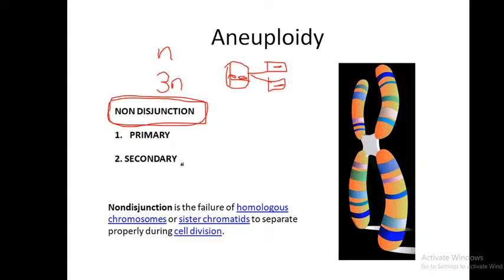So aneuploidy results from an error during cell division called non-disjunction.